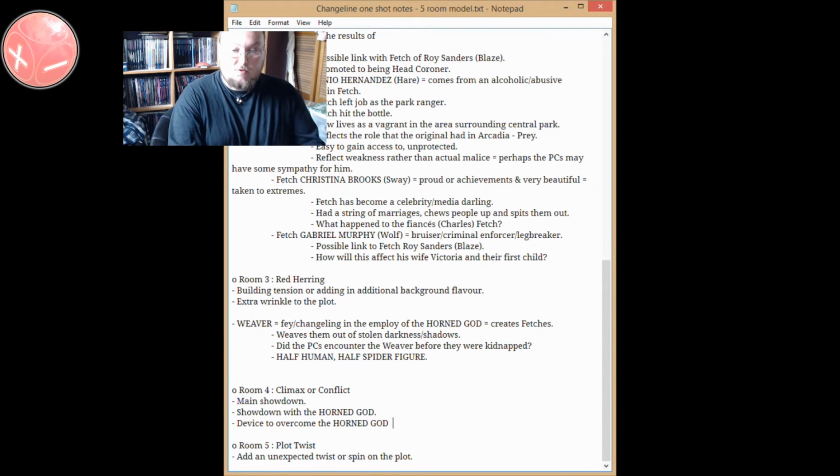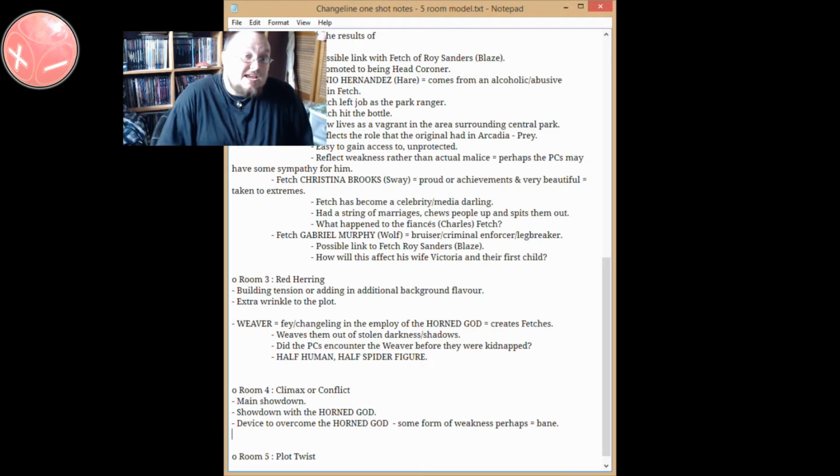Or perhaps some form of weakness. Or a bane, maybe. Who knows? This is something I'll be looking to detail later on when I actually define the Horned God in more detail, when I build the fronts for my plan, which will detail, for those who aren't aware, what the aims of the Horned God are, a little bit more about his background.